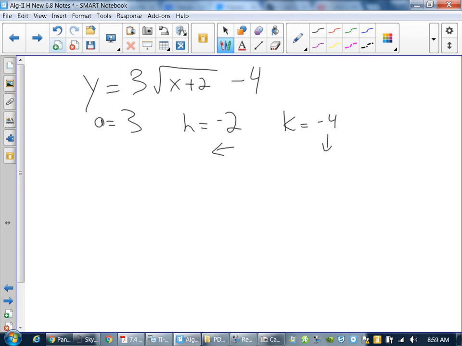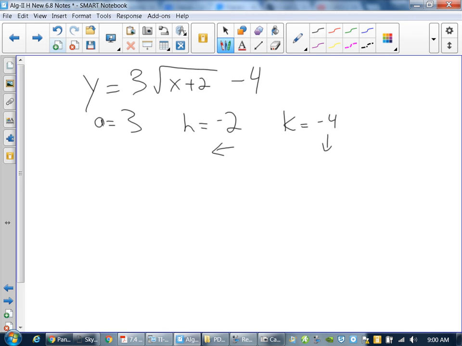Remember, it's x minus h, so whenever you see that minus, it's always going to be the opposite sign. It's usually minus h, and then it's just plus k. I think the only other time it was different is with the conics, where it was always the quantity x minus h, y minus k. That's the only time you see a k value that's a minus. Everything else is a plus.